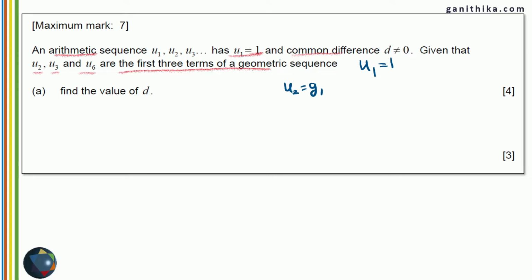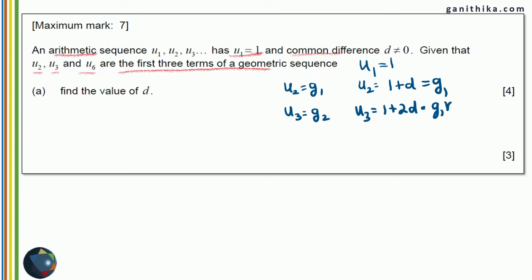So the first thing we have is u1 is 1 and u2 is g1. Using the formula for u2, you get u1 plus d from the arithmetic sequence. So 1 plus d is u2, and that 1 plus d is equal to g1 from the geometric sequence. So you make this equation first using u2 equal to g1. The next equation is u3 equal to g2. The expansion for u3 in the arithmetic sequence is 1 plus 2d.